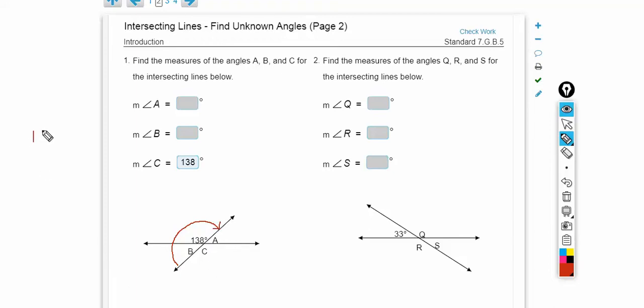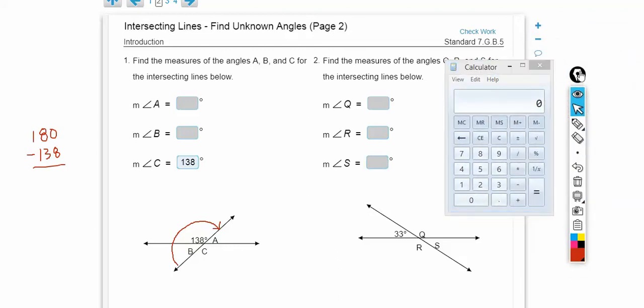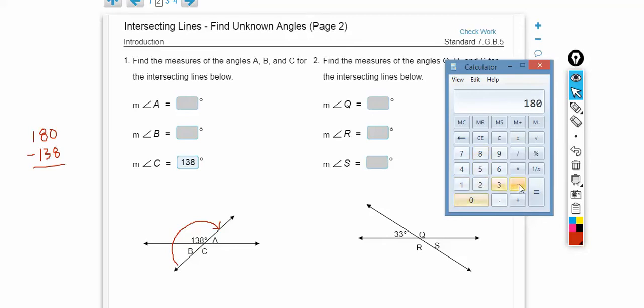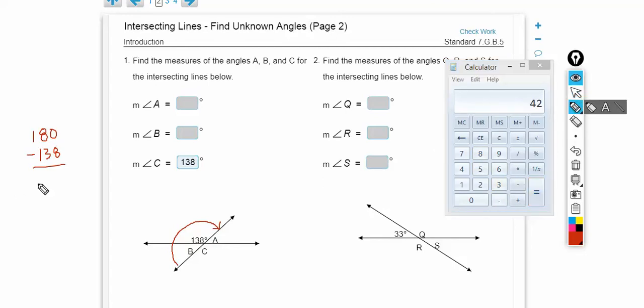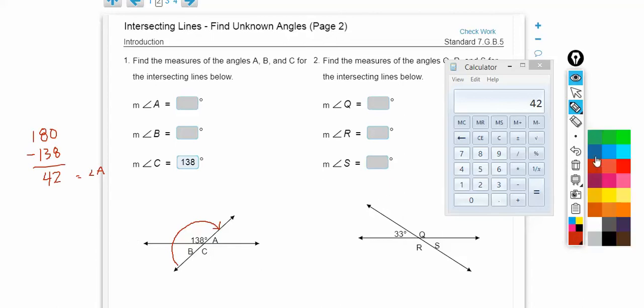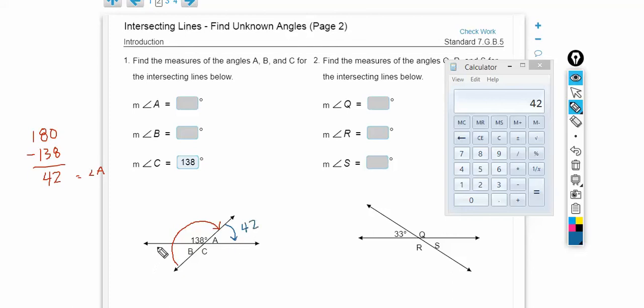A supplementary angle is 180, and part of it is 138, so we could subtract. 180 minus 138 equals 42, which is going to be angle A. If A right here is 42, this vertical angle over here, B, has to also equal 42.